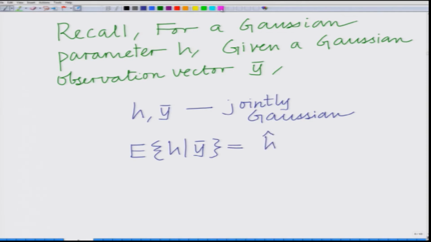In fact, in the very first few lectures, we derived the expression for the MMSE estimate and showed that it is nothing but the expected value of the parameter h given the observation vector y bar.